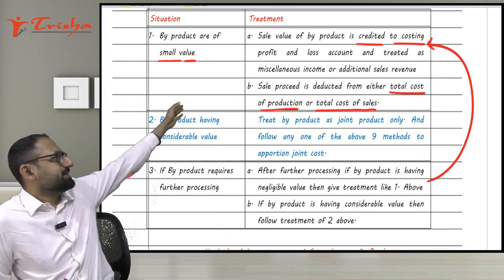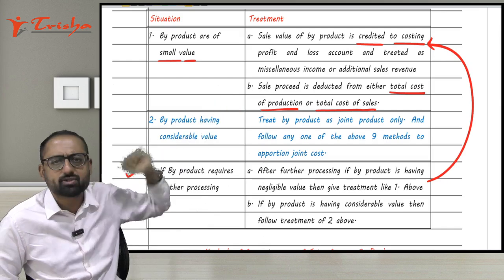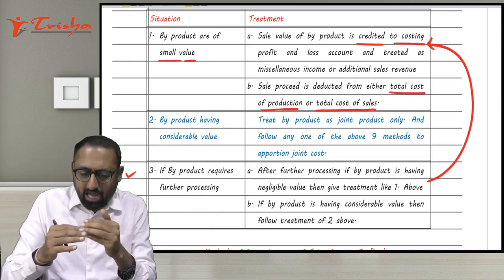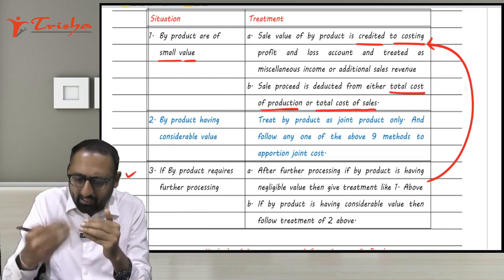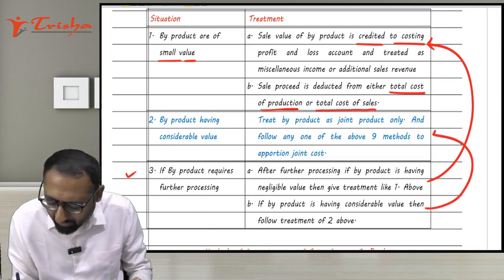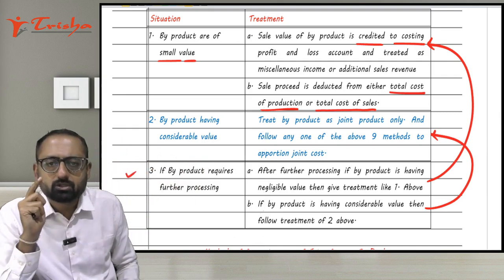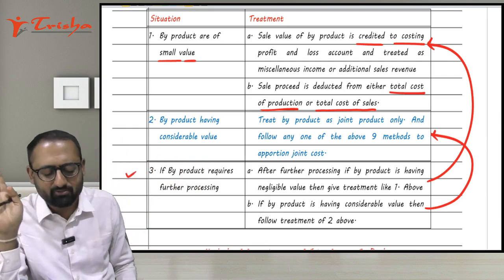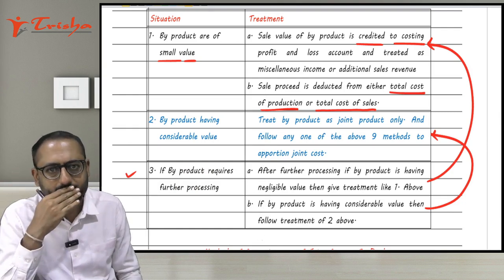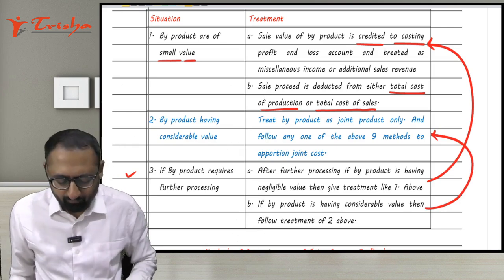Treat it as a miscellaneous income under the costing profit and loss account, or deduct it from the cost of production or cost of sale. But if after further processing the resultant product value is considerable, then treat it as a main product and give the treatment of point number 2. This is a very important theory question as well as a practical question, so you'll have to remember this.